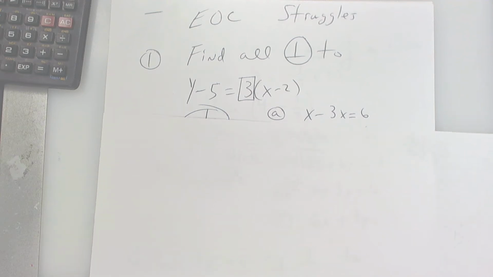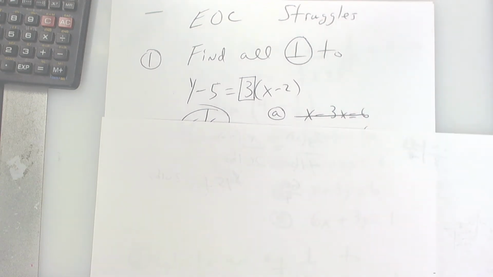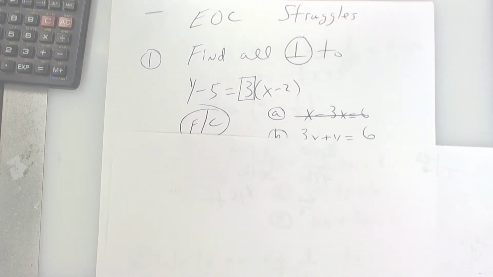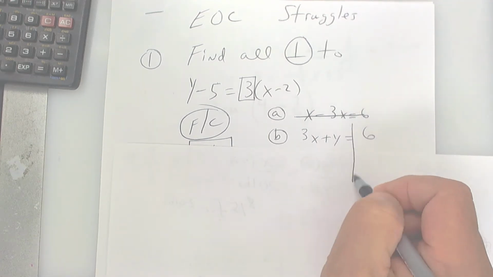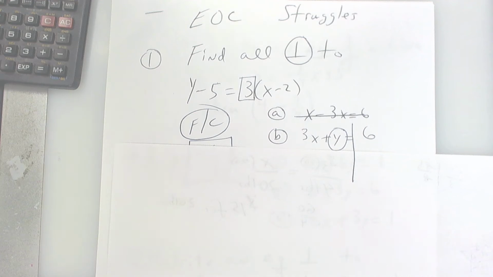We need to know the slope. There is no y on this one, so you know it's not that one. We can't get a slope from that. But look at the next one. I want each of you to get y by itself. Draw your line. Circle the y. Do it right now.